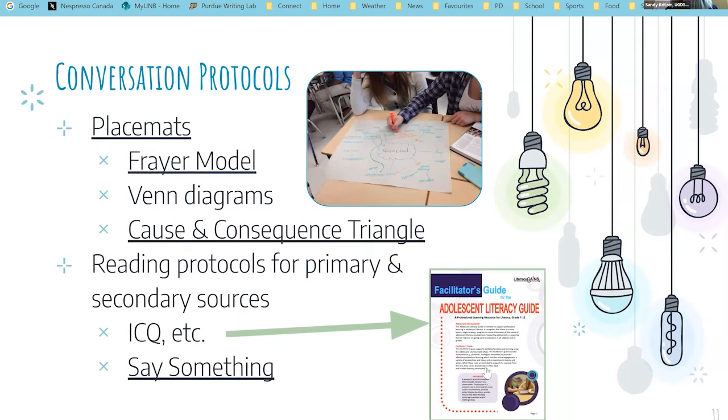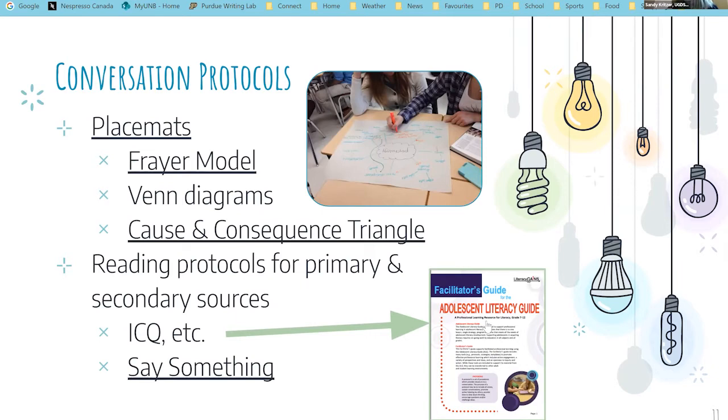One excellent source for lots of those is the Adolescent Literacy Guide, Facilitator's Guide, which is linked in there for you. A Say Something activity is also there. I've used that with all ages of kids in secondary, especially if the text is just that little bit more challenging. They read a chunk, and everybody says something, whether they ask a question, make a connection, or make a comment.